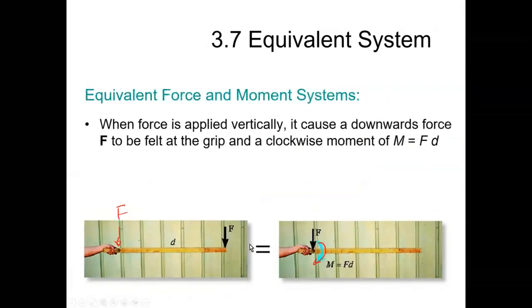But if you shift the force normal to the line of action, so this is the line of action, so you are moving that normal to the line of action, you have to pay a penalty. How much penalty do you pay? You have to add a moment which is equal to how far you transfer this one, F multiplied by D.